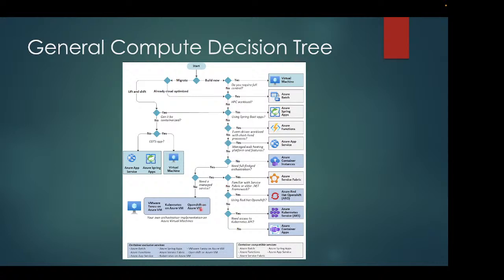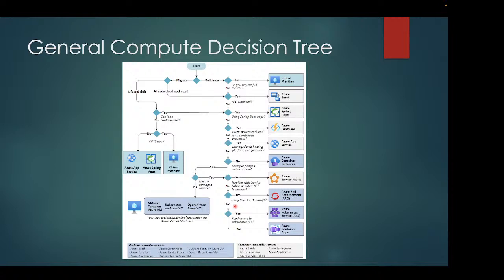And if you need full-fledged orchestration, you have Kubernetes on Azure VMs and OpenShift on VMs. And if you need Service Fabric or older .NET frameworks, Azure Service Fabric is there. If you prefer to use Red Hat OpenShift, Azure Red Hat OpenShift is also there.